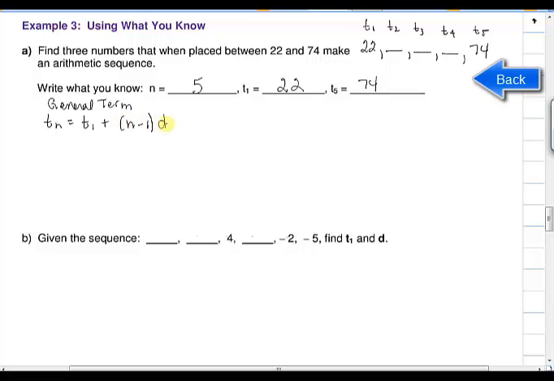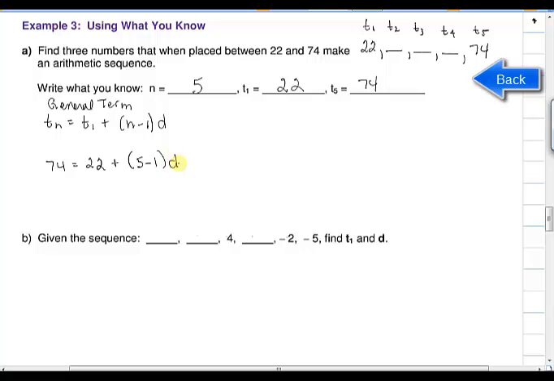And let's plug in what we know. We know that n is 5, so that means I can plug a 5 in for n here, and that would mean T5. And we know that T5 is 74, so I'm going to replace T subscript n with 74. T subscript 1 is 22. And we plug 5 in for n.